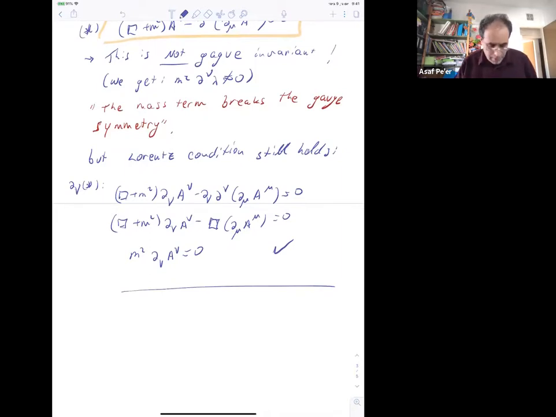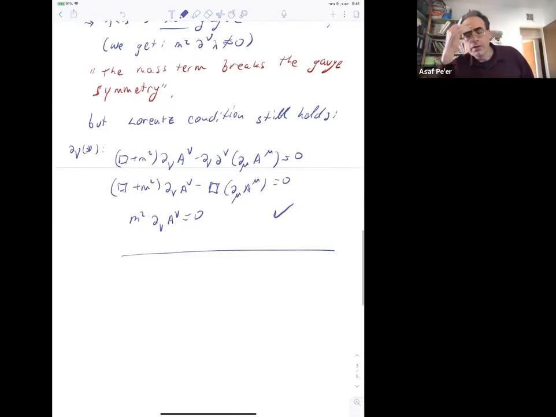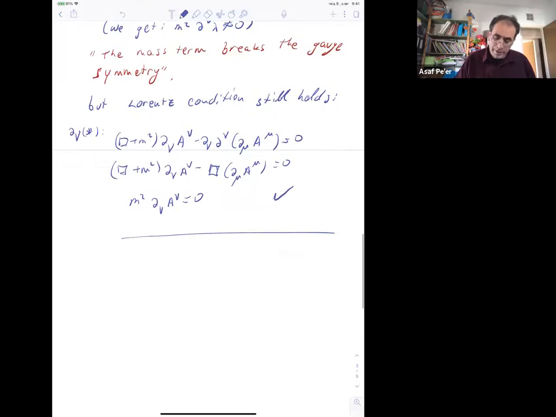The other thing I wanted to mention about this Proca equation is about the degrees of freedom. Remember that when we had a photon, we found that the photon has 2 degrees of freedom. These are the polarizations, both transverse to the direction of motion. What about the Proca particle?